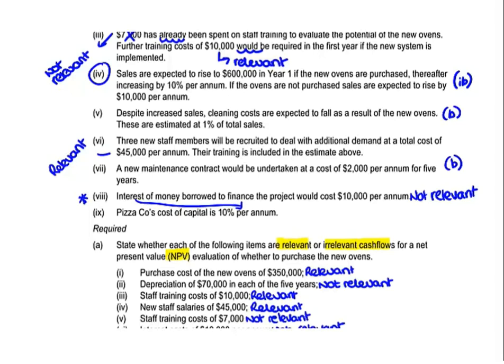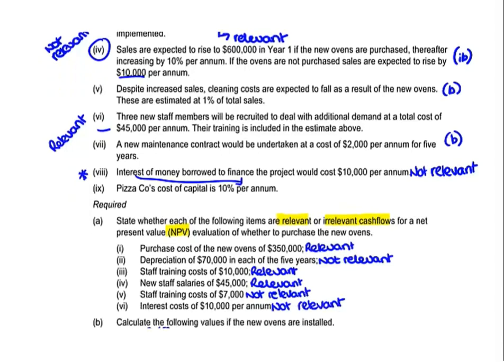So at the moment then sales are 500,000, so the new ovens are going to see a rise in sales of 100,000. However, if the new ovens weren't purchased, sales would have gone up anyway by $10,000 per annum. So the extra sales that are due to the purchase of the new oven, due to the project, are $90,000.